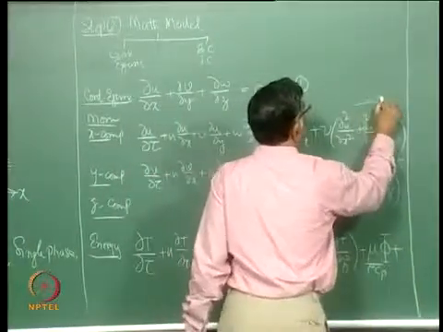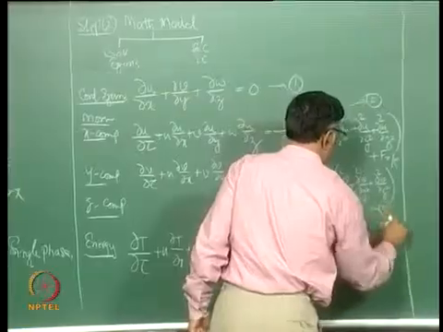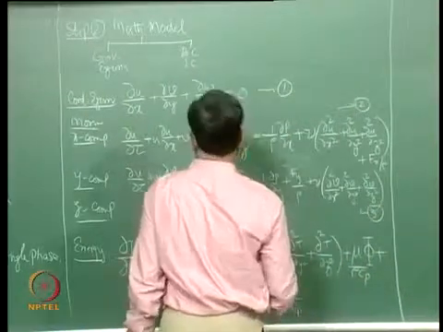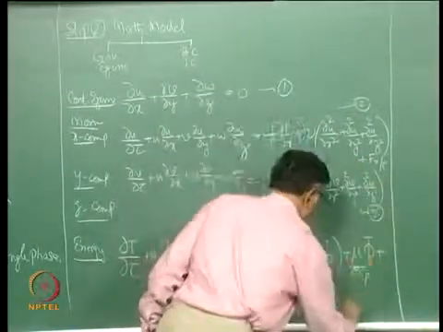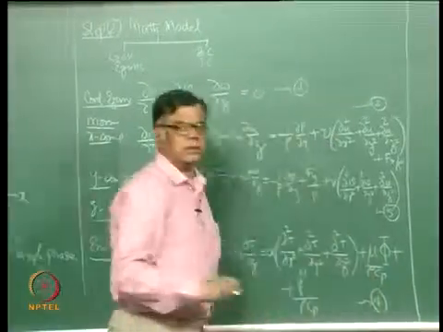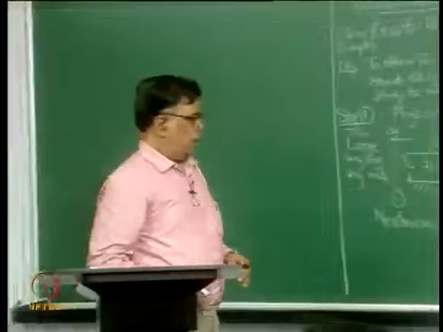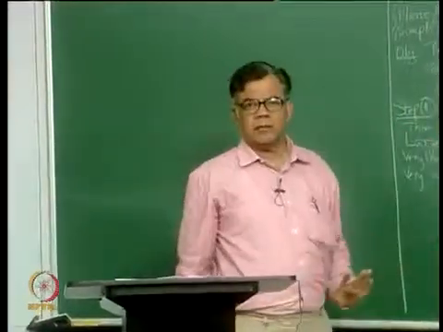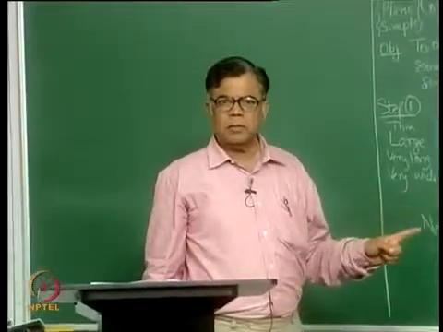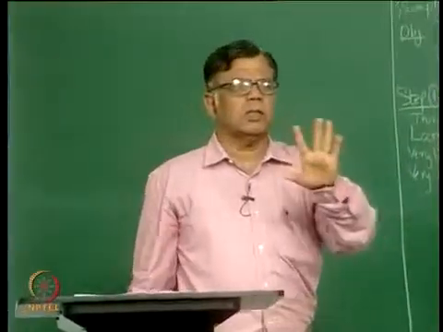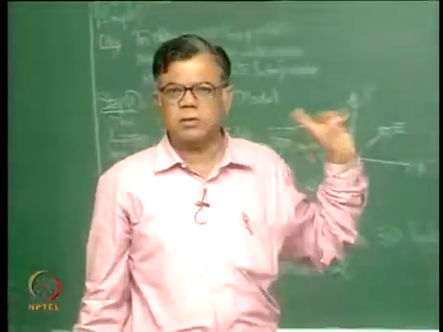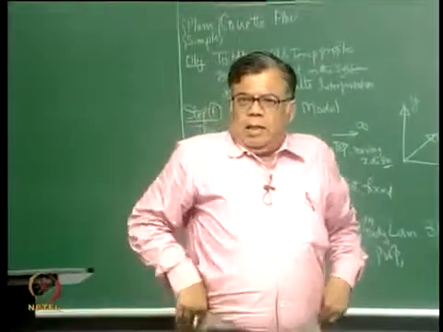So this is 2, 3, 4. No Blasius equation. Now actually you have to solve this set of equations, 3-dimensional. This is the complete Navier-Stokes equation now what we have written for this particular situation.